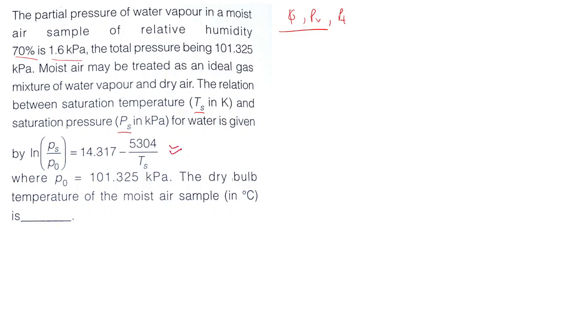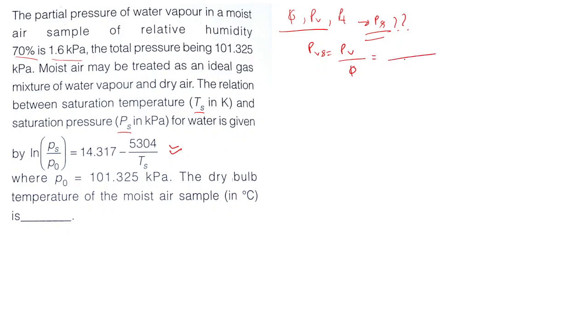Okay, so in this equation you have to use Ps, but you have not been given Ps. How will you find Ps? Using phi: phi equals PV divided by Ps, so 1.6 divided by 0.7. Is it correct?